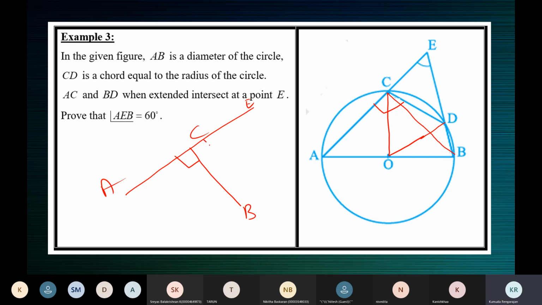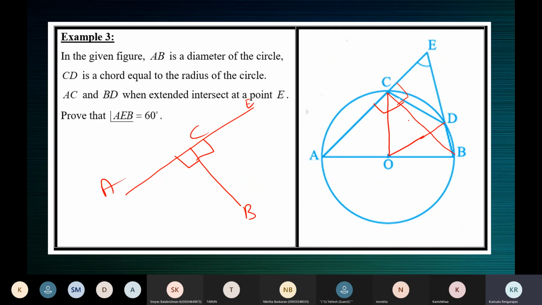So by the linear pair axiom, this angle also will be 90. BCE is 90 degrees. Here, I've shown it. ACB is 90. Angle in a semicircle is a right angle. So BCE is also 90 degrees.